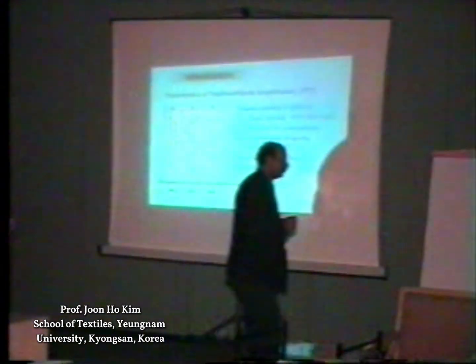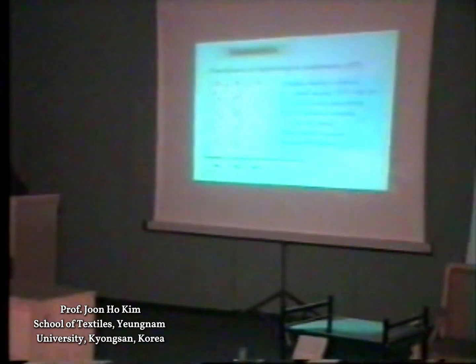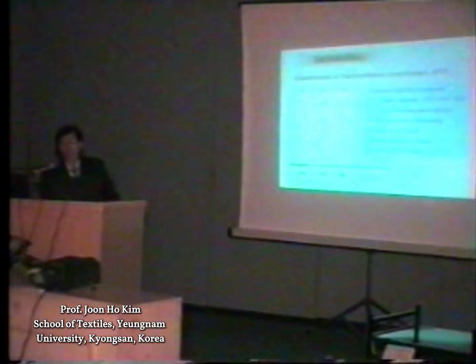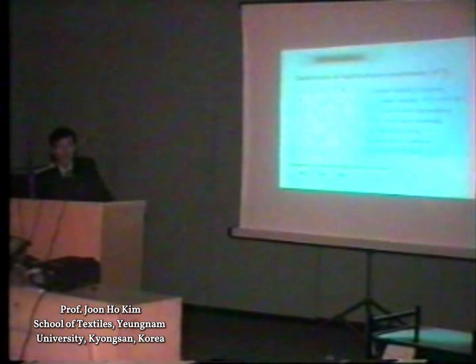As you see in this slide, the molecular structures of three polyesters. The elongation of the C-axis relative to the theoretical maximum is 98% for PET, 76% for PPT, and 86% for PPT.